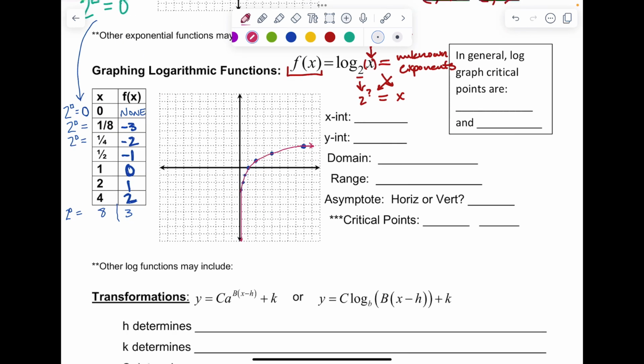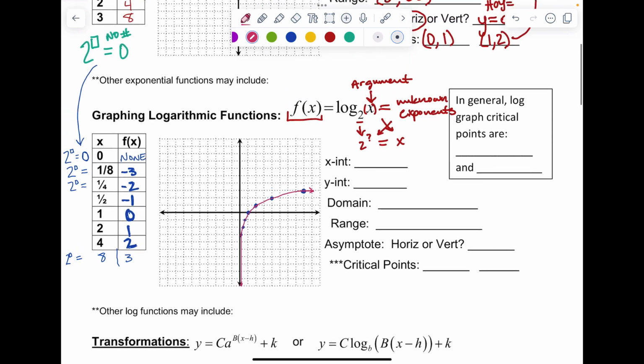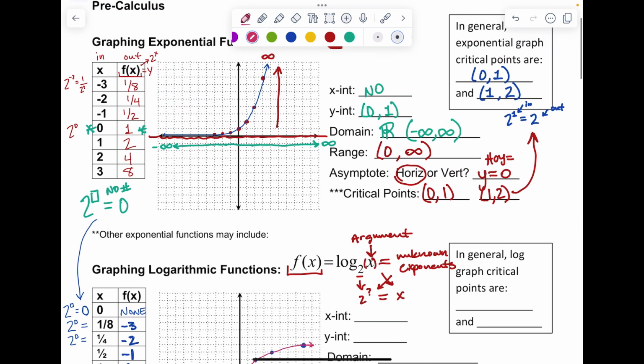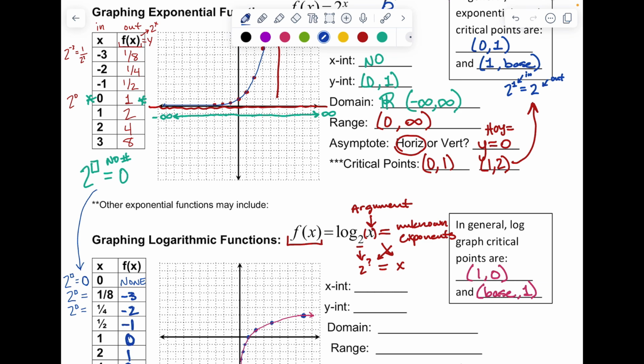So the critical points, similar to our exponential graph, of this graph are 1, 0, and base, 1, which I realize now up here I apologize if you're a note taker. It should have been base. I'd put 2 because I was saying it as I was writing it.